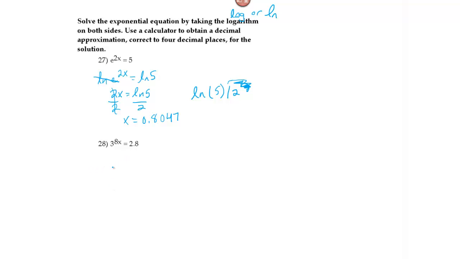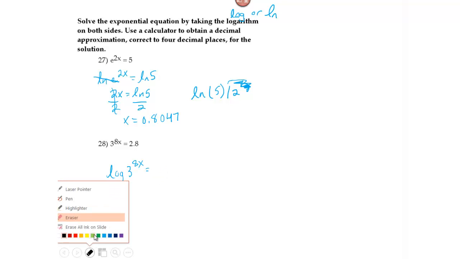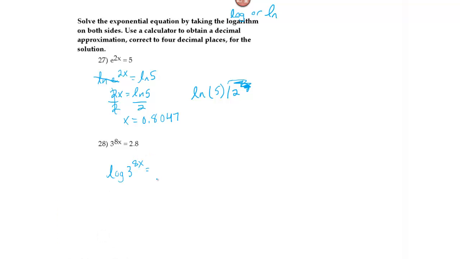This one's a little bit more tricky, more complicated, on 28, so it doesn't matter if you take the regular log or the natural log. So if I take the regular log of 3 to the 8x equals 2.8, then, well, sorry, I have to take the log of both sides, right? So I'm taking the log of both sides, so that means I need log of 2.8 on the right.